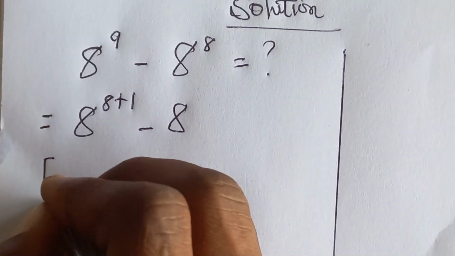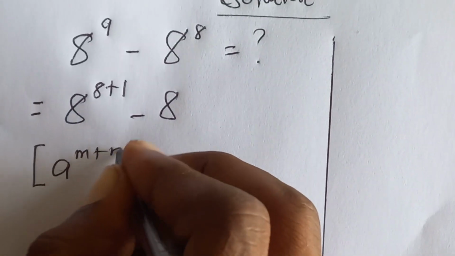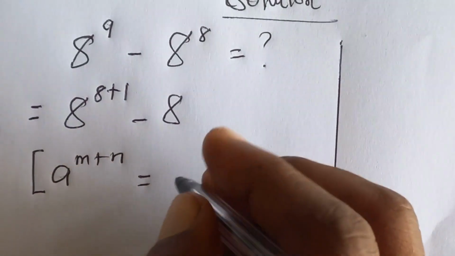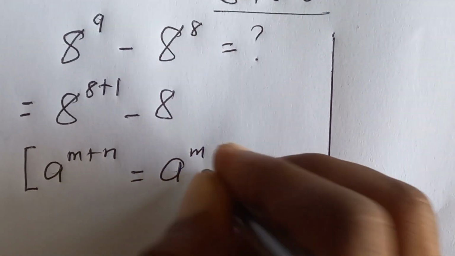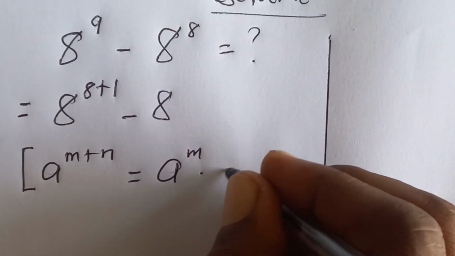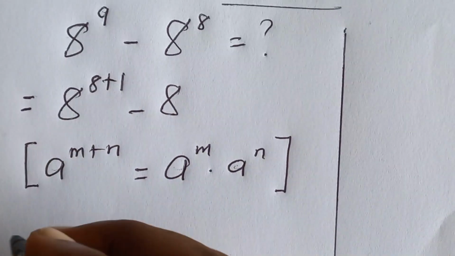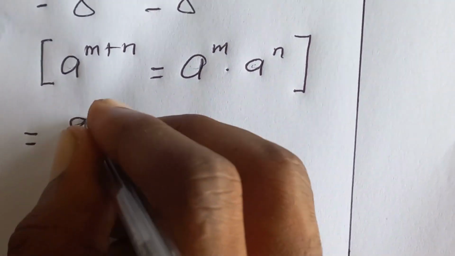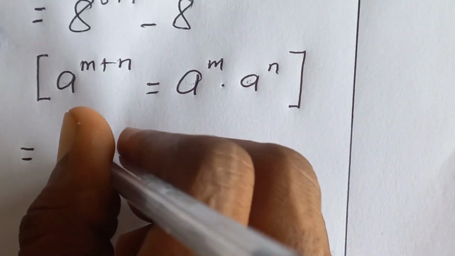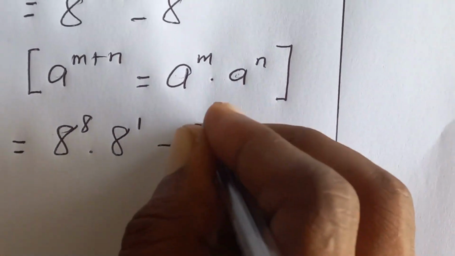According to the law of indices, a exponent m plus n is the same as a exponent m multiplied by a exponent n. So you're going to get 8 exponent 8 multiplied by 8 exponent 1 minus 8.